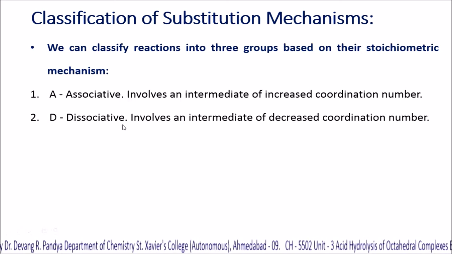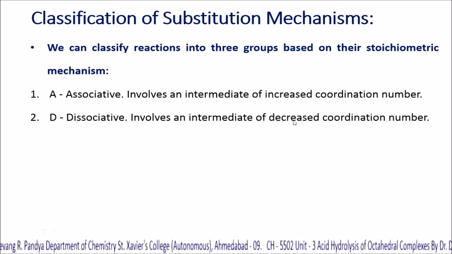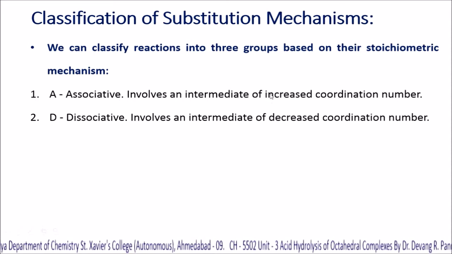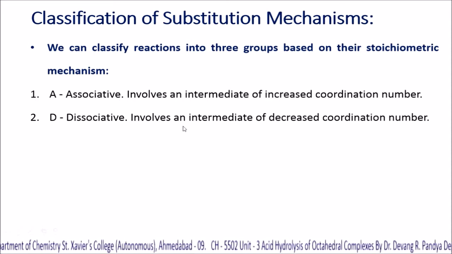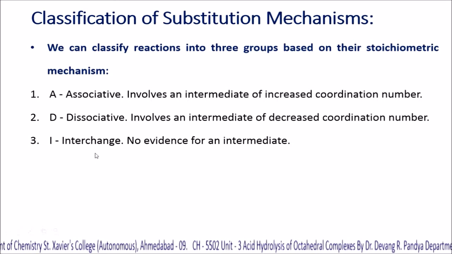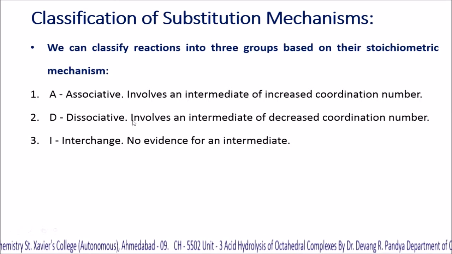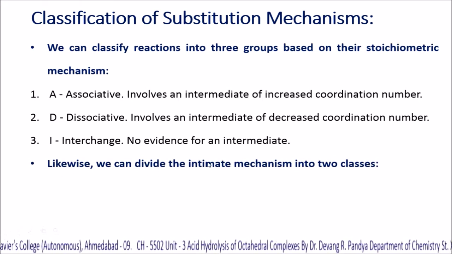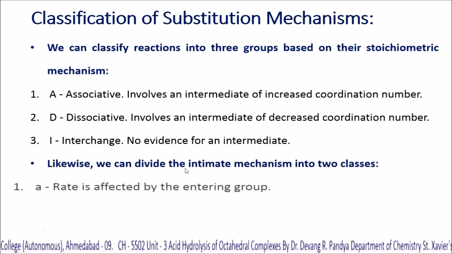The other is dissociative, which involves an intermediate of decreased coordination number, and in both cases there is evidence of the intermediate. The third one is interchange, where there is no evidence of any intermediate during the progress of the reaction.